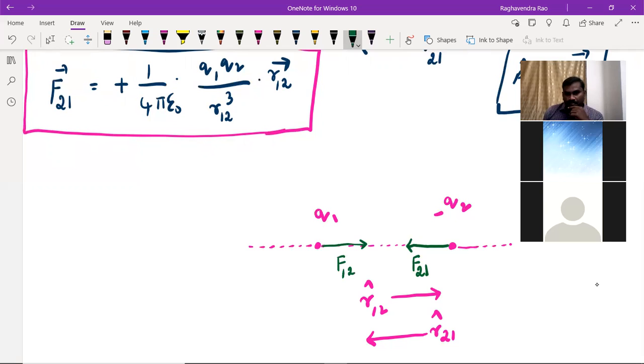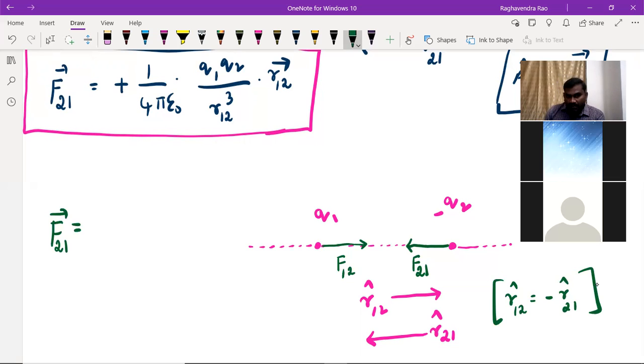For example, we can take F21 here. F21 bar is equal to, since 2 to 1 and 1 to 2 are opposite, we can write R12 cap is equal to minus R21 cap. Both are in opposite directions.